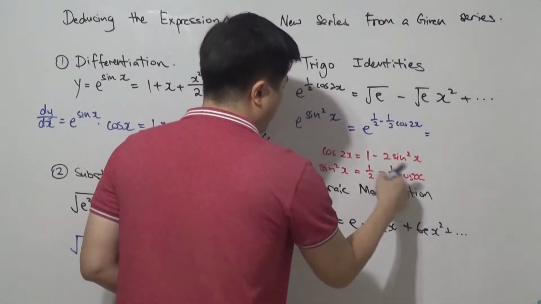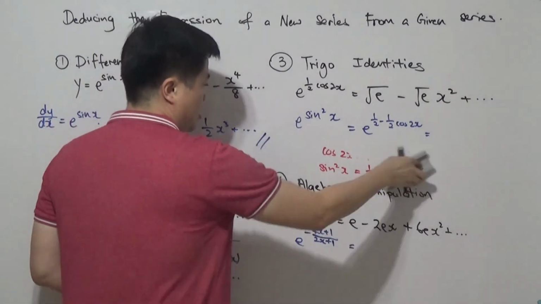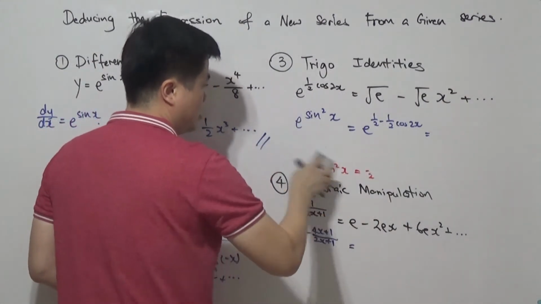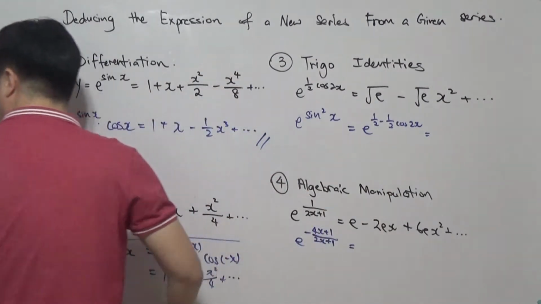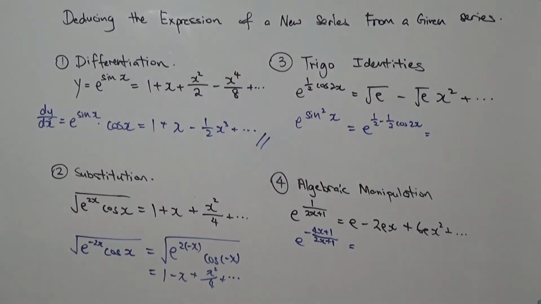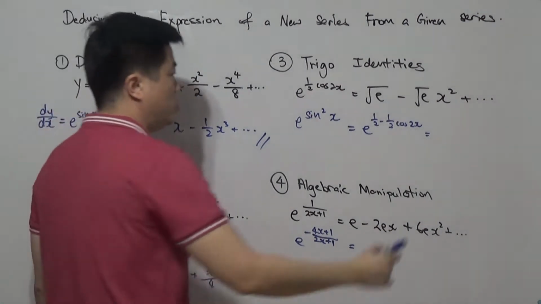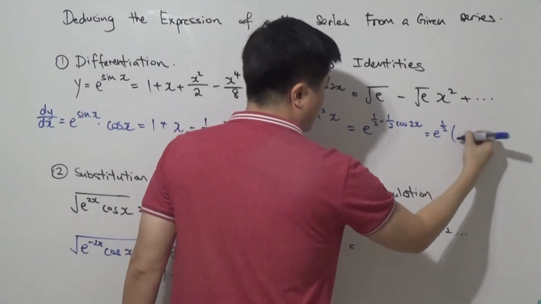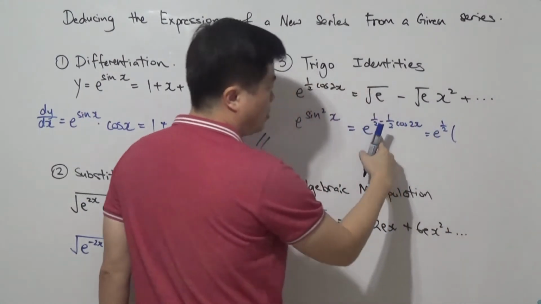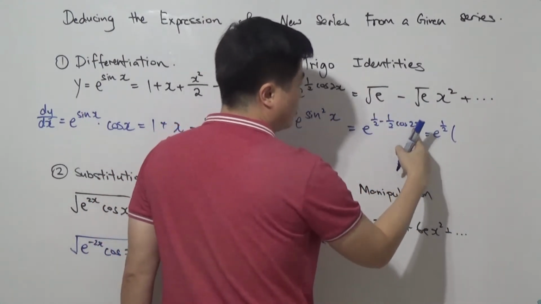Okay, so I'm going to erase this. We already have that. So let's go ahead and erase this. We have e to the power of half over here, and then bracket, e to the power of half cosine 2x.